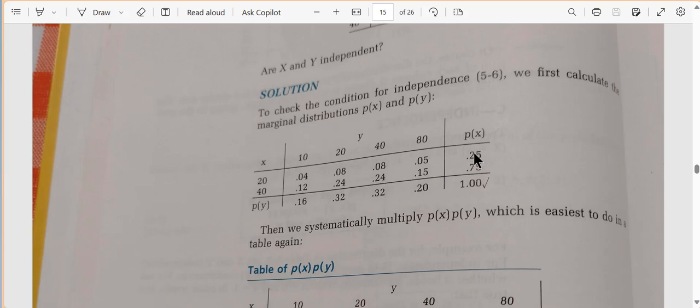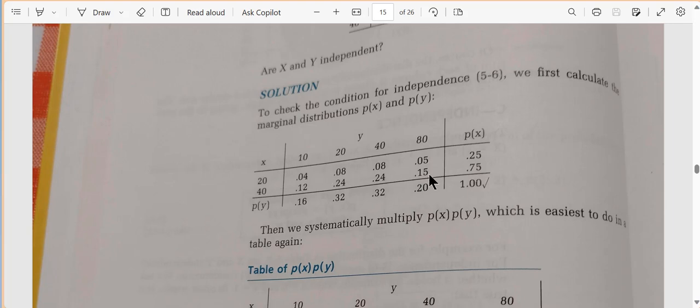And we're asking, is this one times this one equal to the joint probability that x equals 20 and y equals 10, which is here? So is this times this equal to that? So this means 1/4 of 16. Yeah, that worked. Okay, so at least one of the calculations works, but we have to check for each one of these.